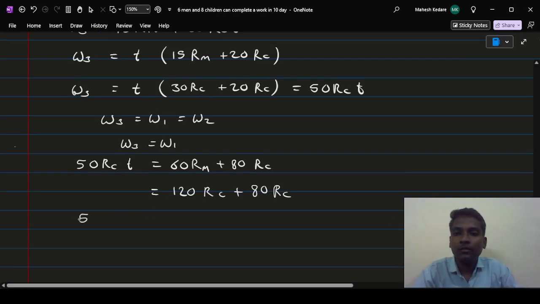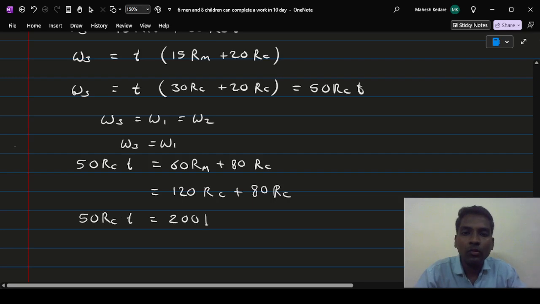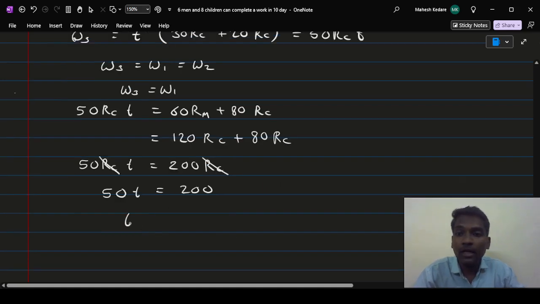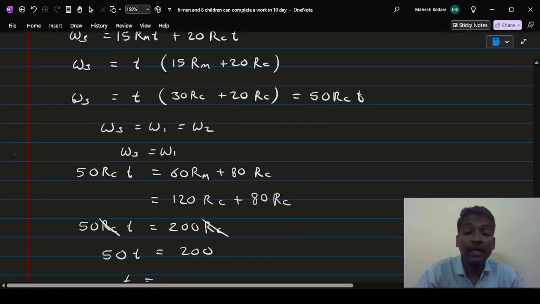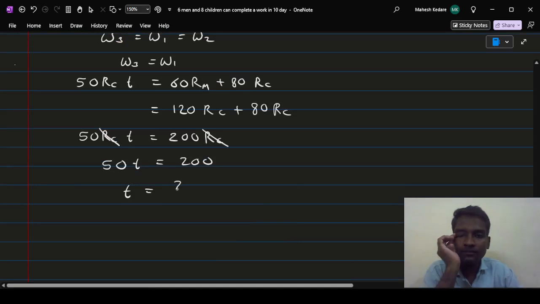So we have 50 RcT equal to 200 Rc. Rc cancels from both sides and we have 50T equal to 200. And the time T taken by 15 men and 20 children is 200 divided by 50.